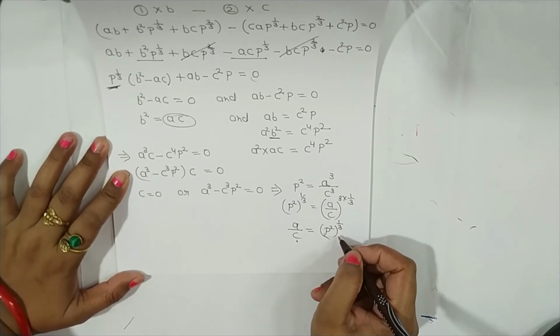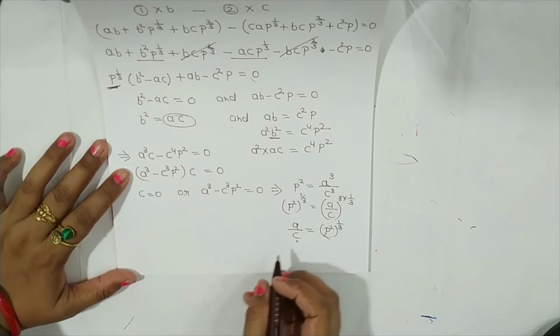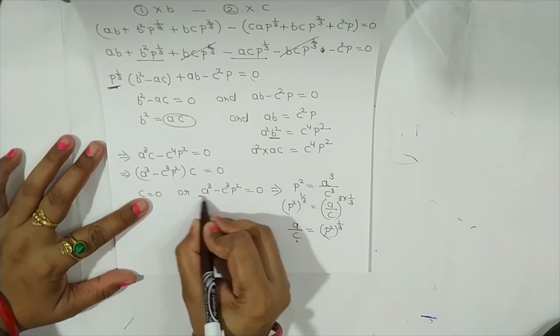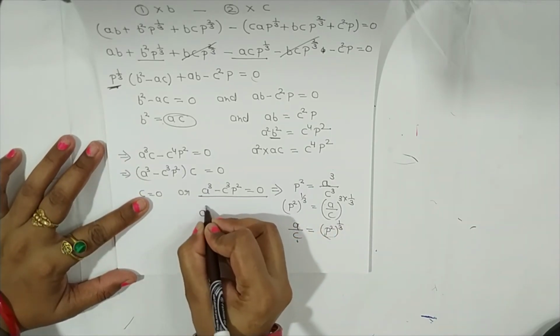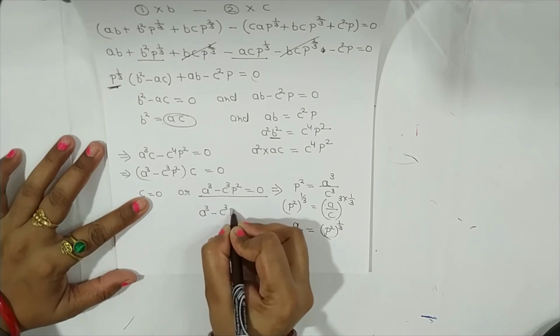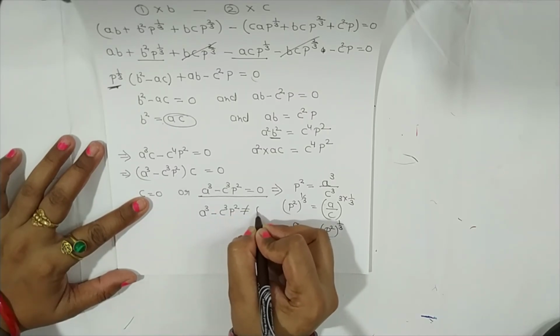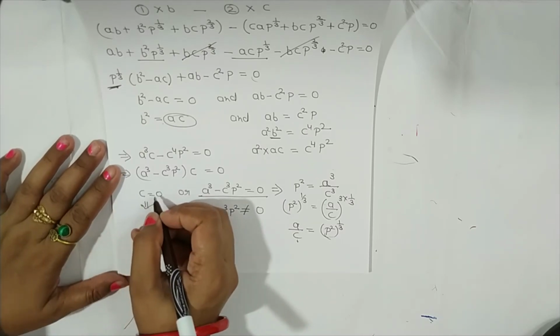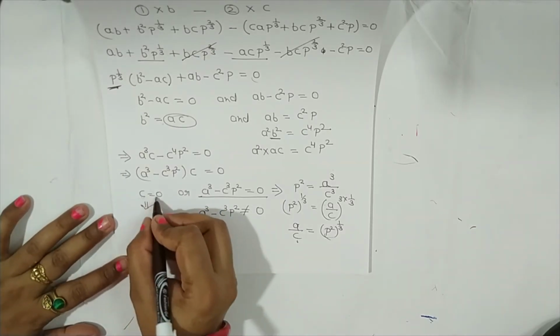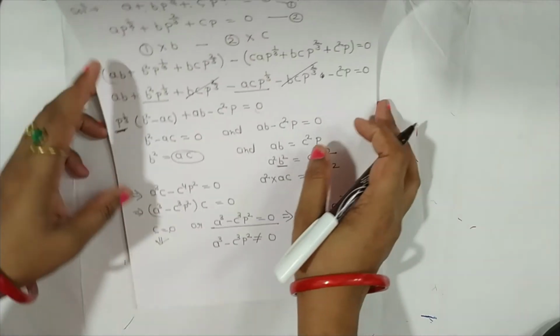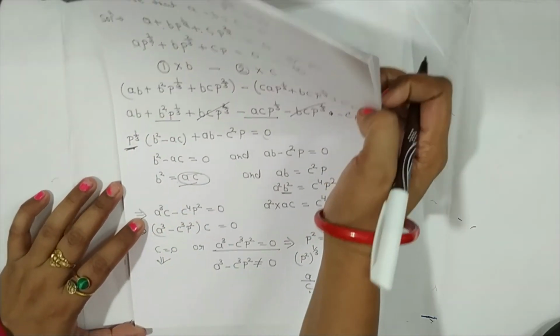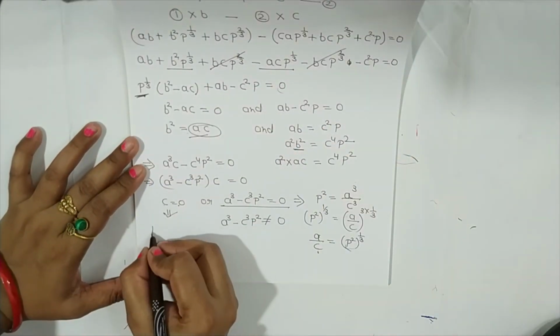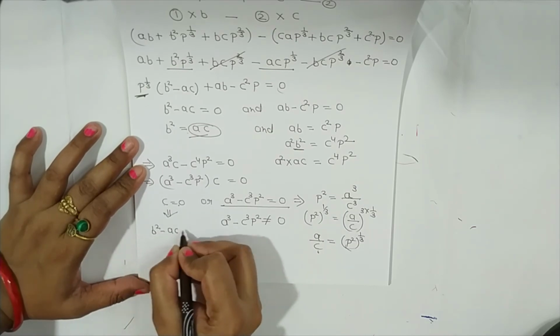So it means we can say that a cube minus c cube p square is not equal to 0. So here c is equal to 0. Now this c is equal to 0 we are putting here, so b is also 0 from b square minus ac is equal to 0.